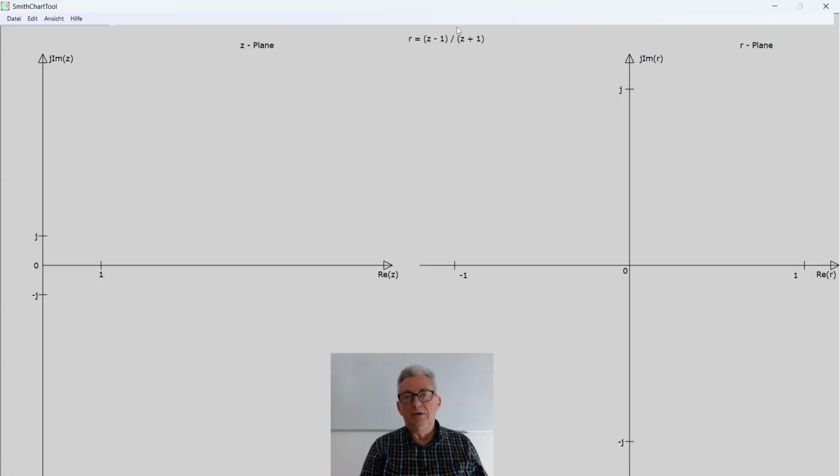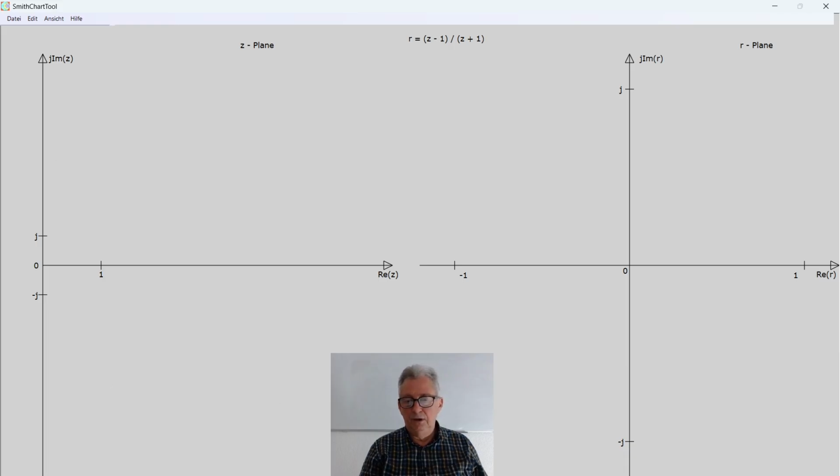The mapping is done with the help of this relation here, which describes how the Z values are mapped onto the gamma plane. This equation describes this mapping process. In the first step, I want to look at all impedances with a real part of 0, which means we will first map this imaginary line here.